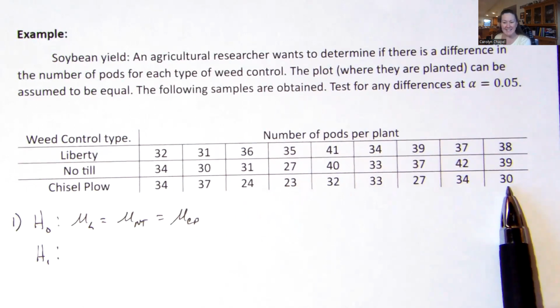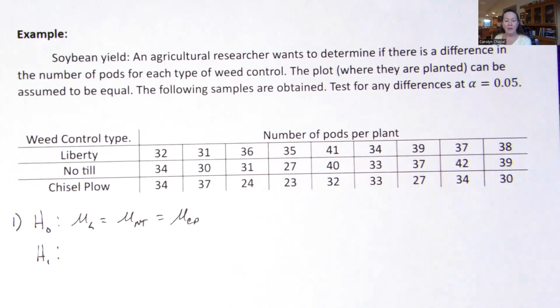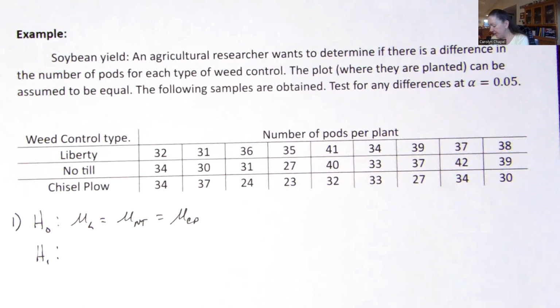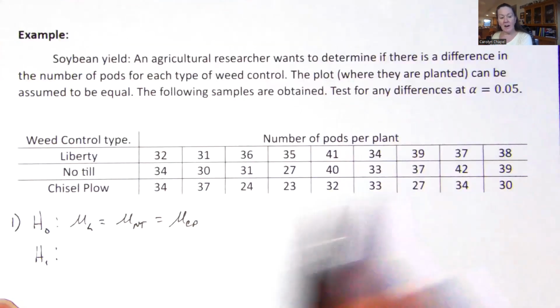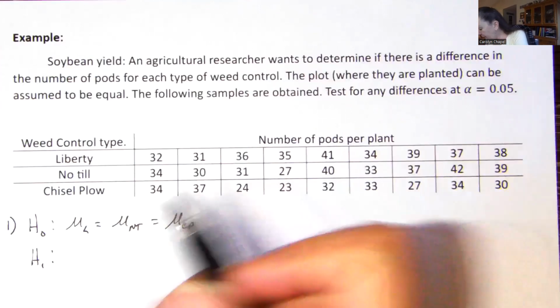That does not necessarily need to be the case. We could have had 15 in one, 30 in another, 26 in the third. It does not matter. We just want to make sure that they are independent from each other, which we will assume in this case, and that they are relatively equal except for the thing we're testing.